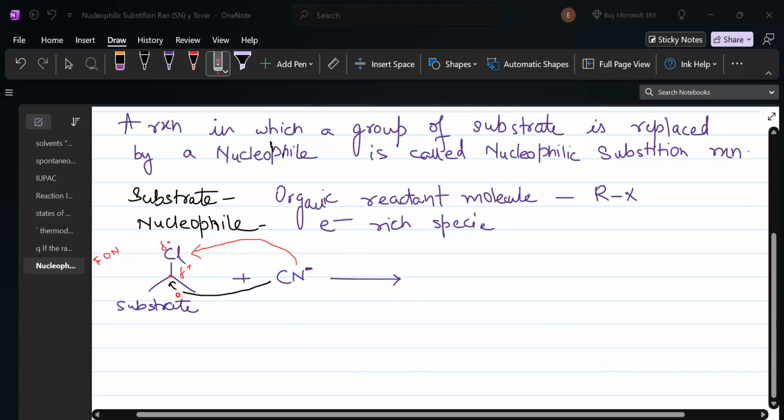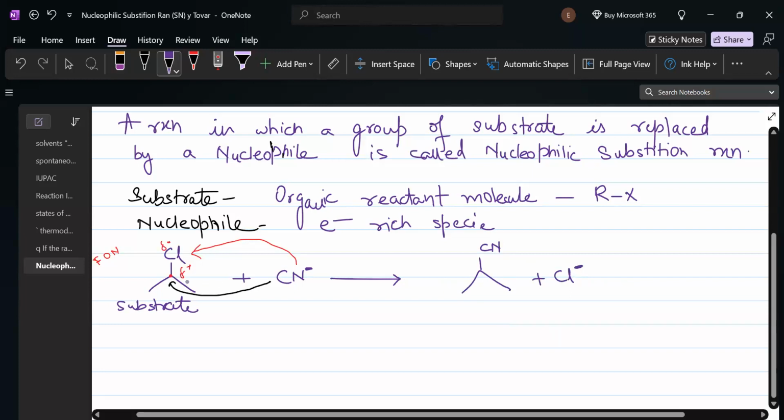So this will attack on this thing. Okay. So what will happen? What will the product be? This will get attached to this carbon and it will remove this chlorine ion.